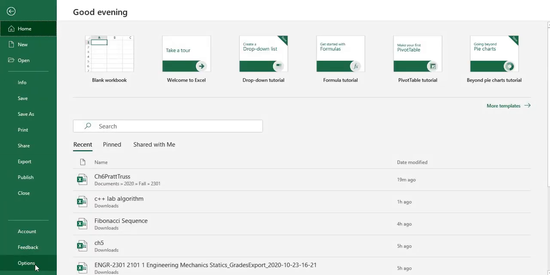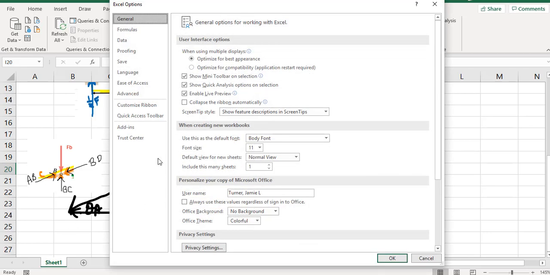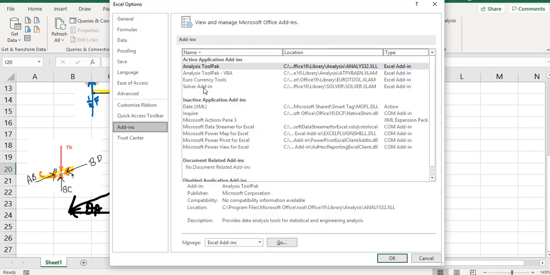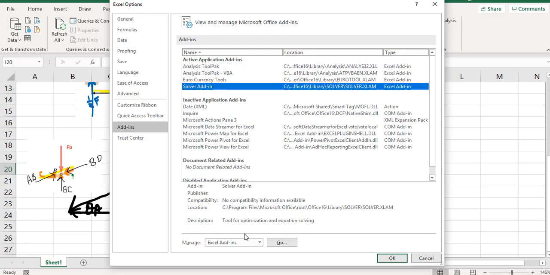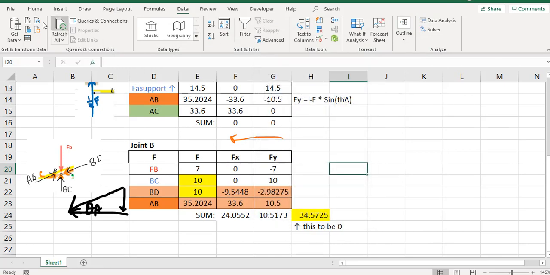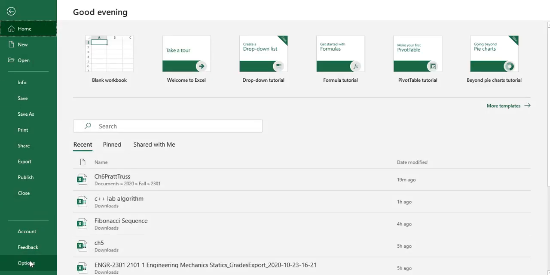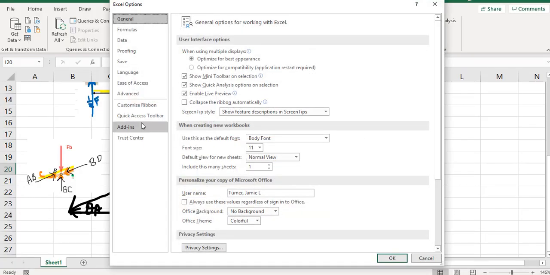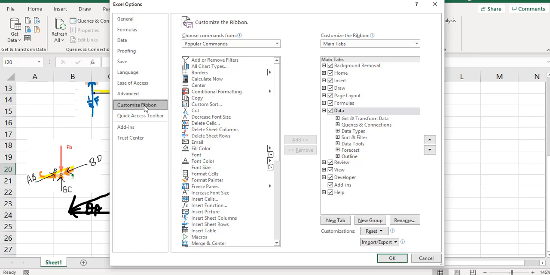You have to go to File, Options, and it's an add-in. So you click on Solver Add-in. This is the tricky part. You have to say Go. Go, OK. And then once that's in, you can customize the ribbon, and you can make sure that all of those add-ins are showing up in your ribbon.